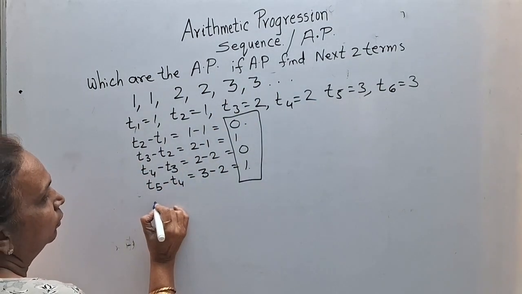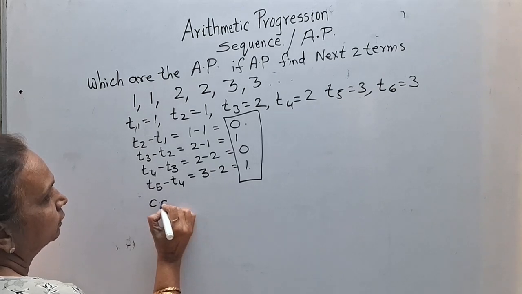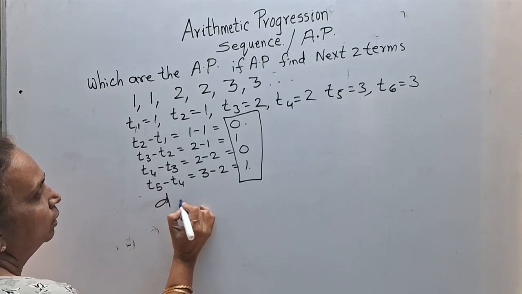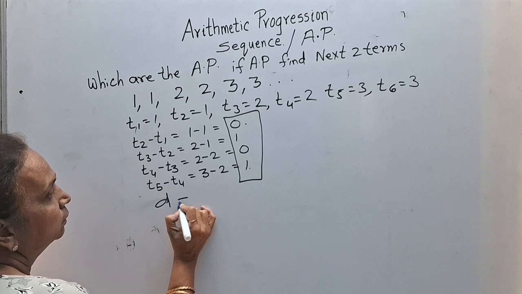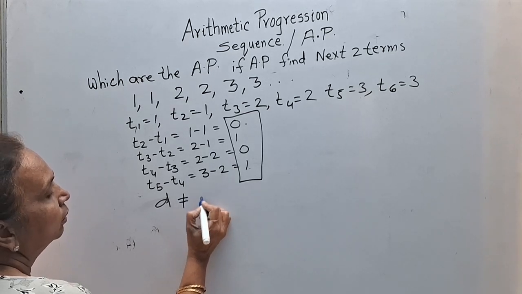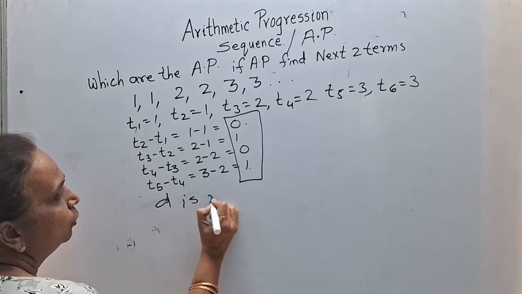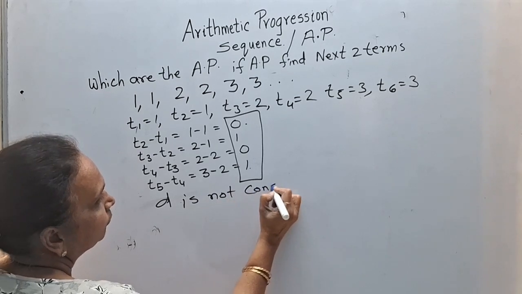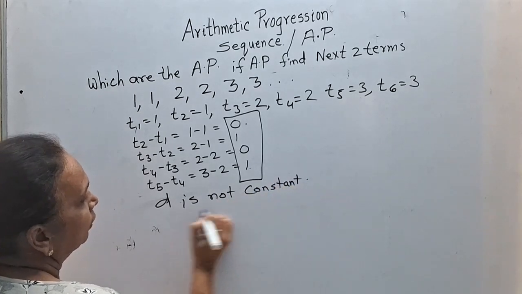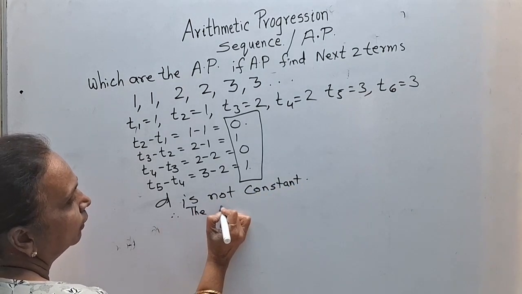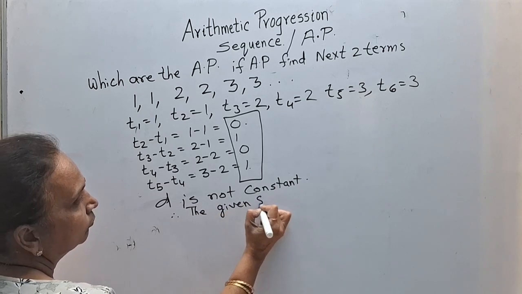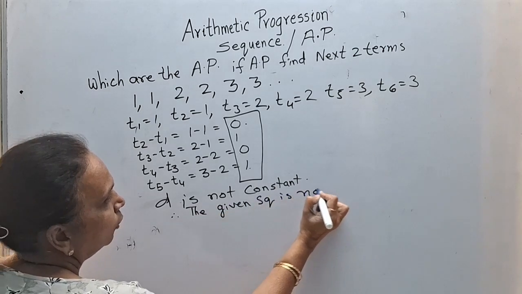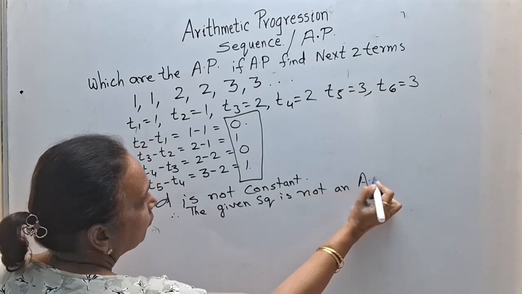Okay. So the common difference, that is D, is not constant. Therefore, the given sequence is not an AP.